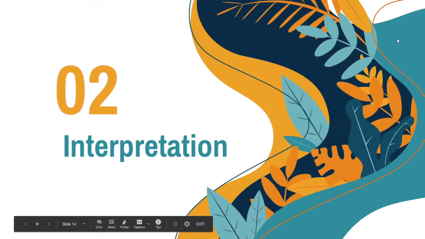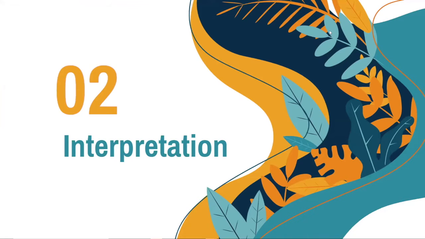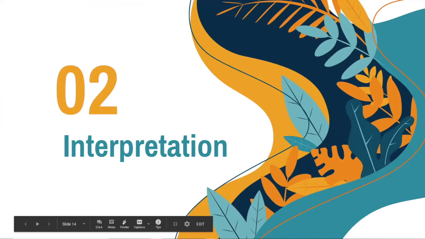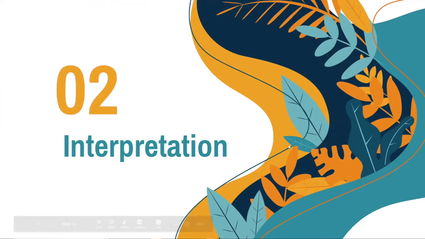Okay, so I hope you guys understood what the discovery phase is about. So let us go into the interpretation phase. As Namrata said, in the discovery phase, we'll be observing things and collecting information from various sources. In the interpretation phase, we'll be using that information to gain insights.